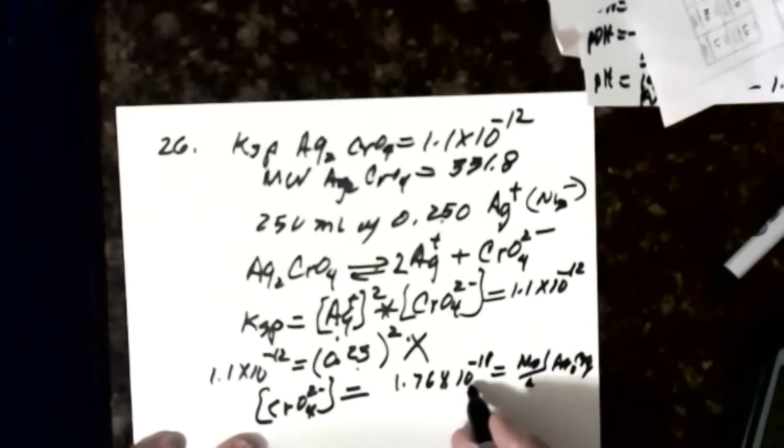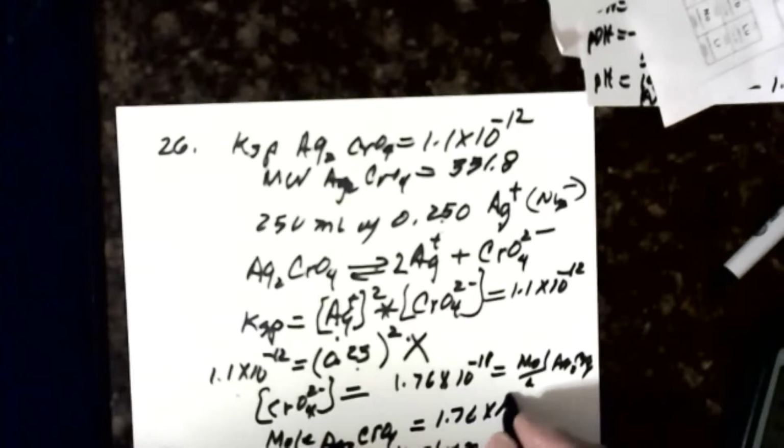So the moles per liter of the Ag2CrO4 dissolved in the solution is going to be 1.76 times 10 minus 11 moles per liter.